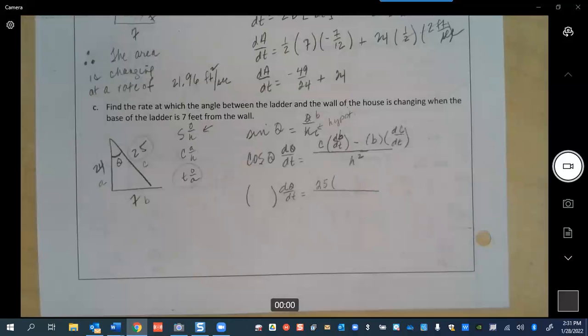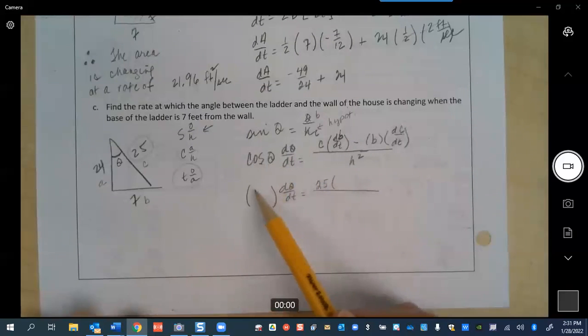And here's why I want to try sine to see if it works. Because this whole way I did tangent, and when you take the derivative of a tangent, it's so complicated, because then you have the two rates. I don't think we need the two rates.